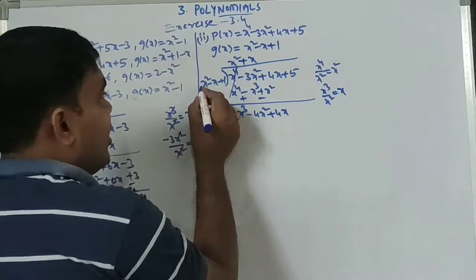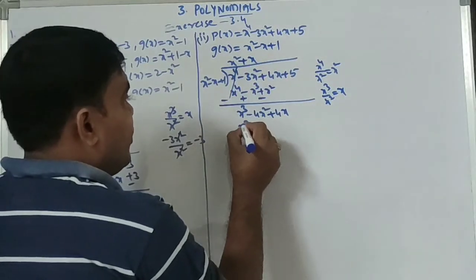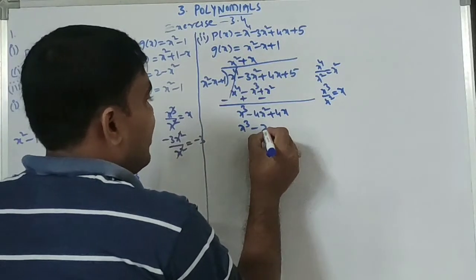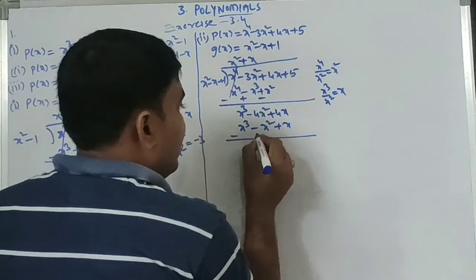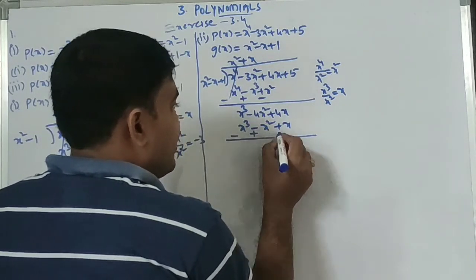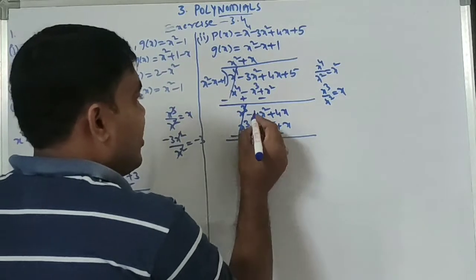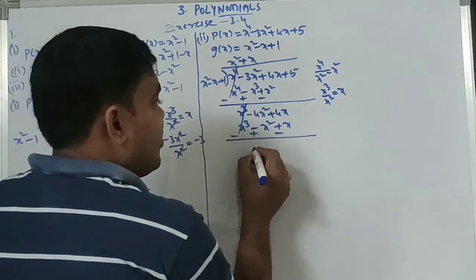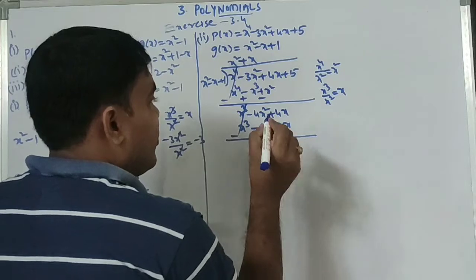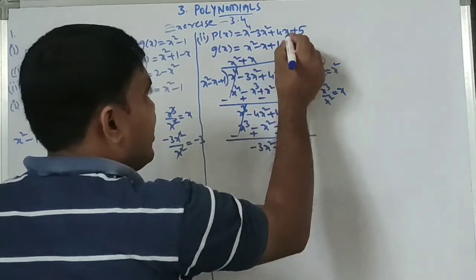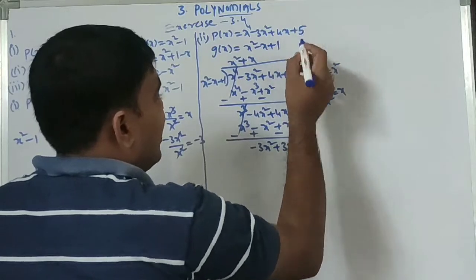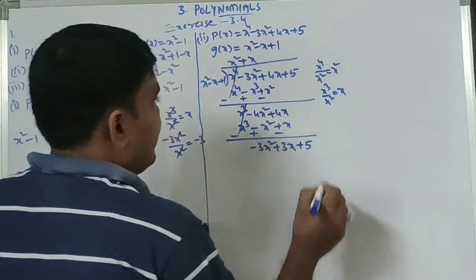I am writing x square into x, x cube; minus x into x, minus x square; 1 into x, plus x. Changing the signs, plus minus, x cube cancels, minus 4x square plus x square, minus 3x square, 4x minus x plus 3x. Next plus 5.